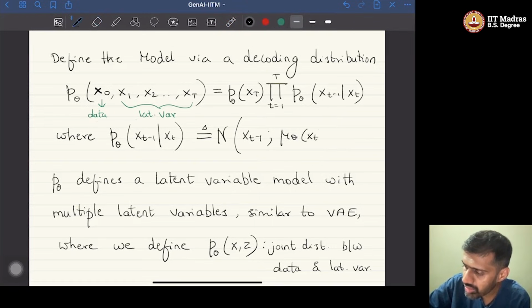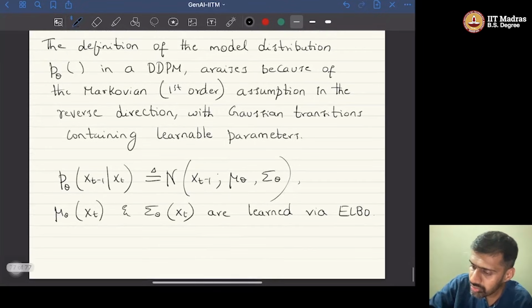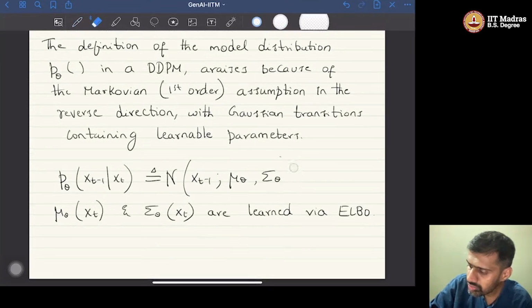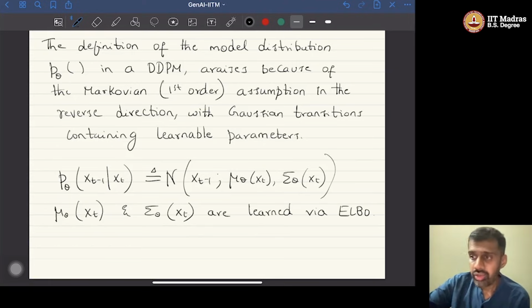So mu theta is a function of xt and sigma theta is also a function of xt. Okay, fine. So now we have all the model distributions or model definitions.